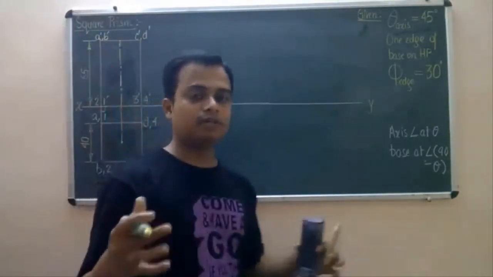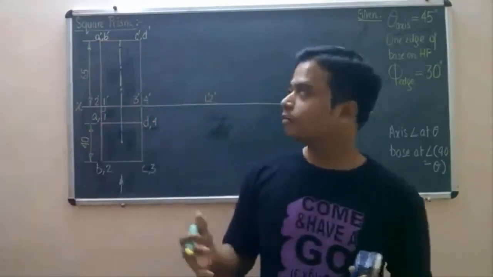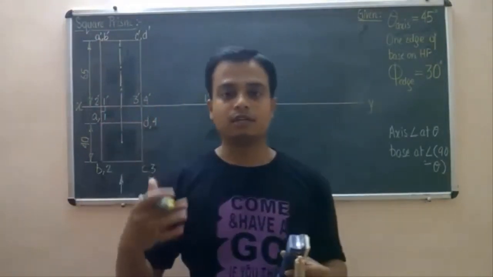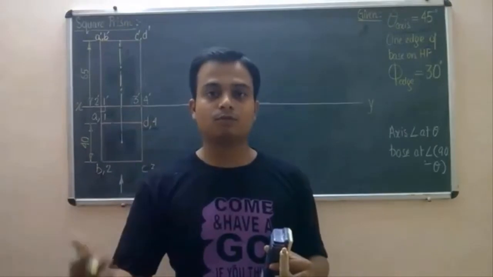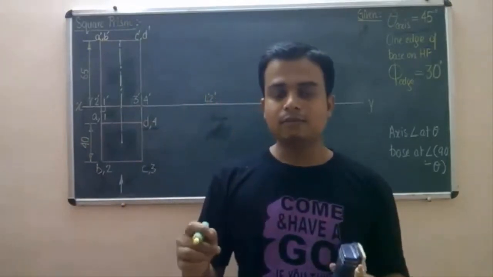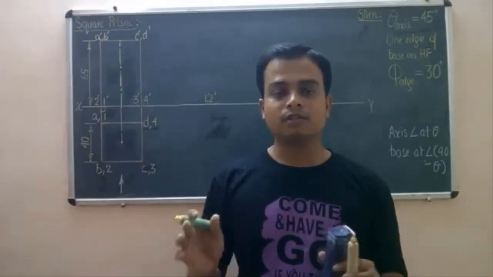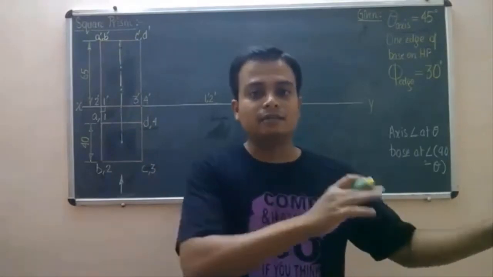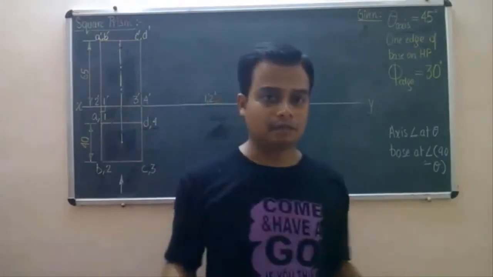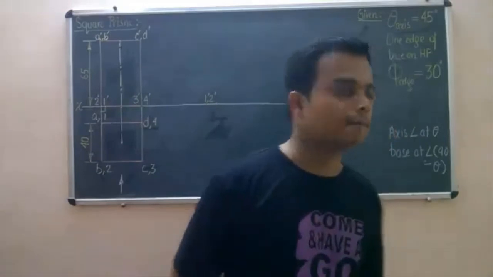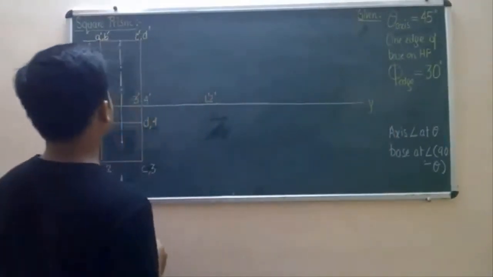This is something you need to remember always whenever you are dealing with problems associated with projection of planes or projection of solids, right? Keep that edge or side perpendicular to XY, which is going to make a certain angle with either HP or VP in step number 3. Please remember. Fine, let's move ahead.